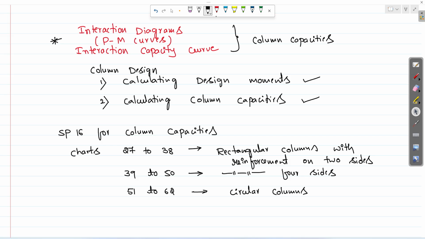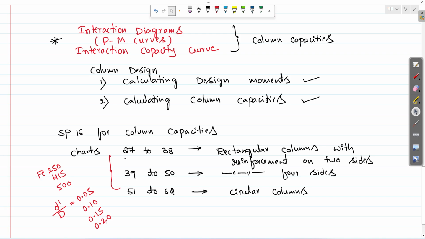These charts have been prepared for three grades of steel, that is Fe 250, Fe 415 and Fe 500, and for four values of cover ratio. Cover ratio means d dash by D: 0.05, 0.10, 0.15 and 0.20.